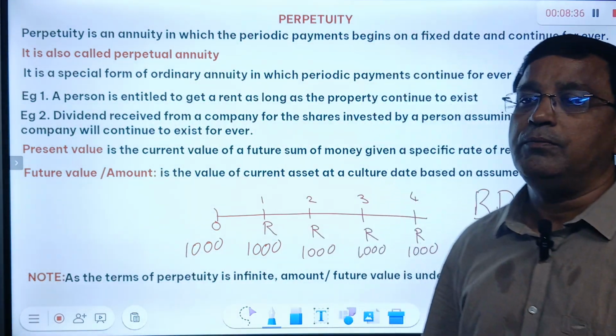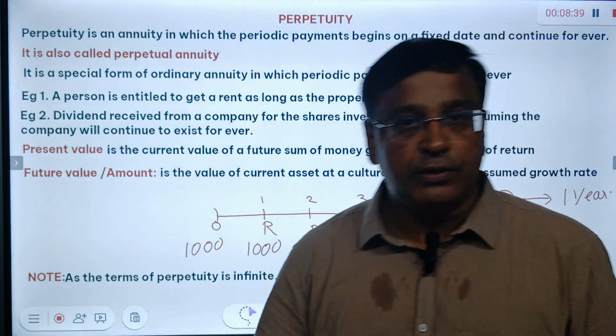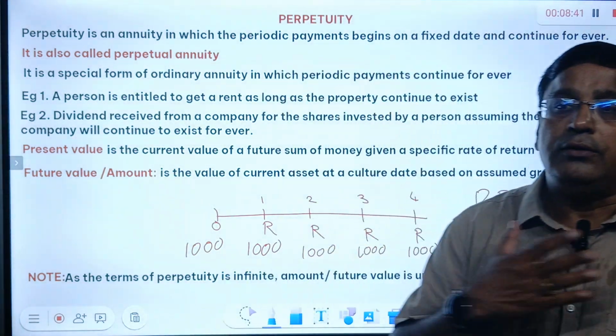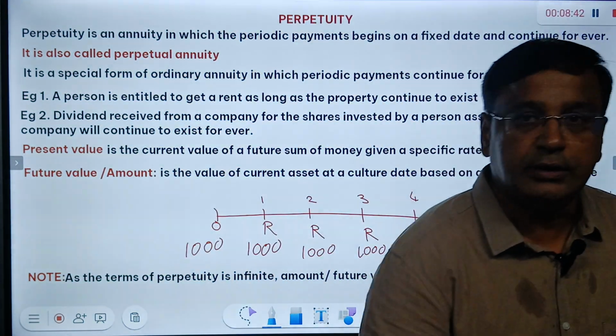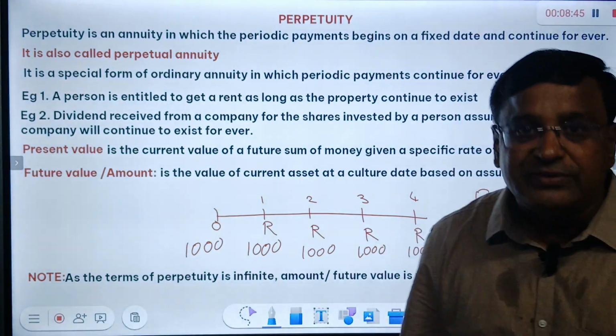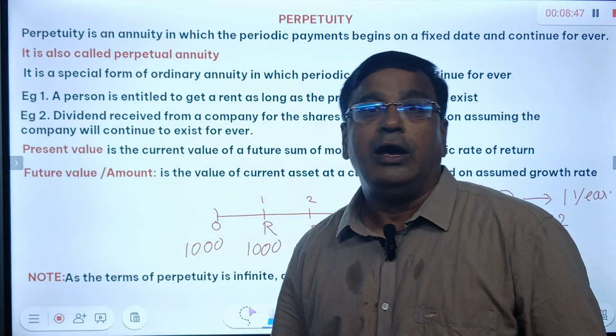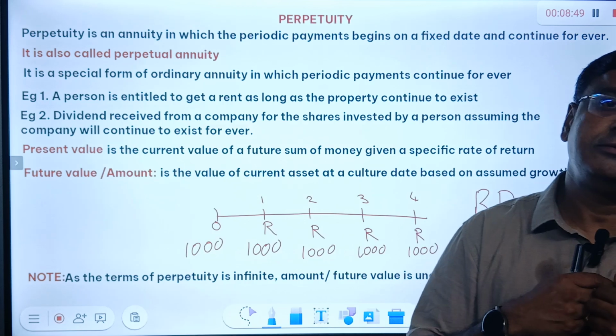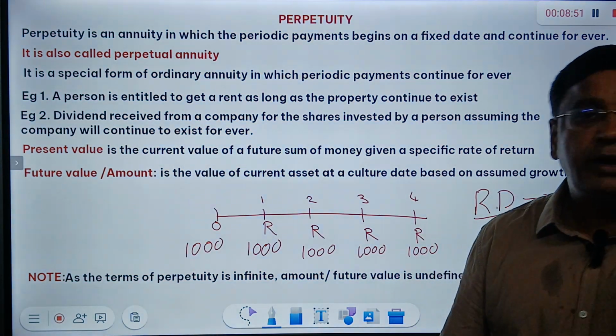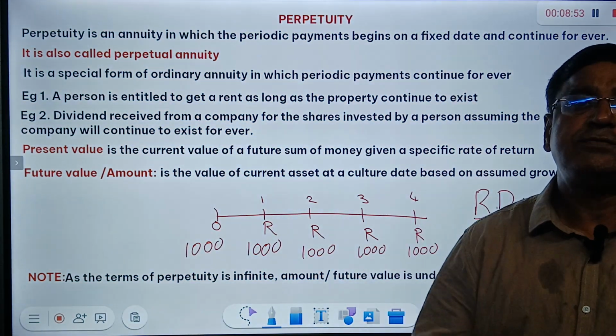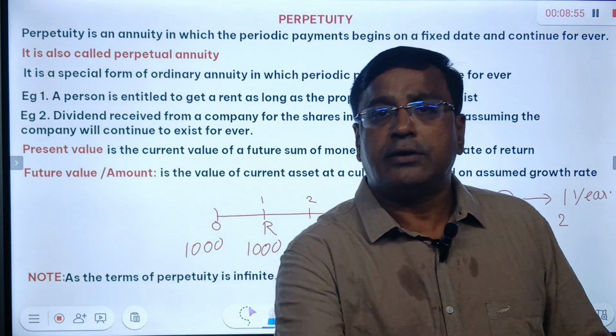There's another example. Suppose you are taking a house for rent. Suppose I am the house owner and you are paying the rent. I will be receiving the rent continuously as long as the property exists. Suppose the property exists forever, I will be getting that rent continuously.